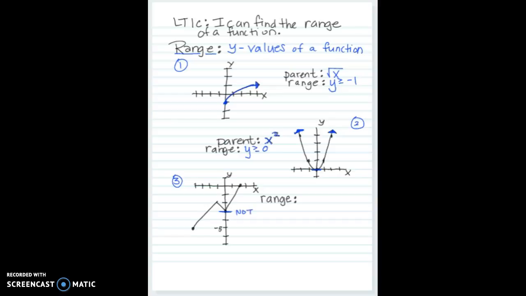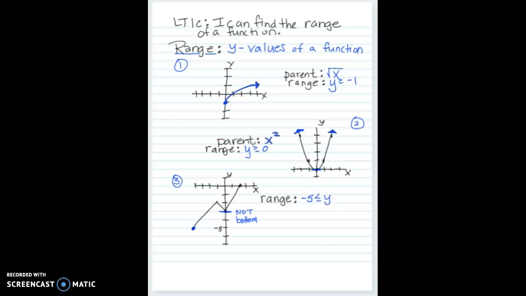This is not the bottom. Even though there is a vertex there, that's not the bottom. The bottom of this graph is here. And that y value is -5. So we know that our range is going to begin at -5. The y is increasing from there, so -5 will be less than or equal to y.